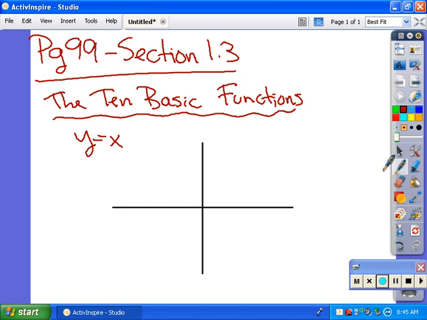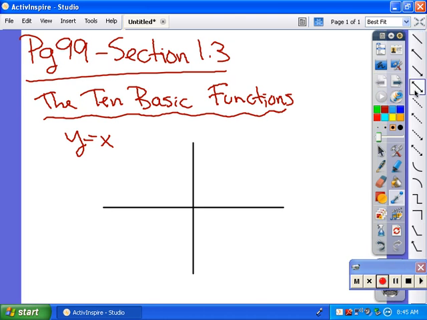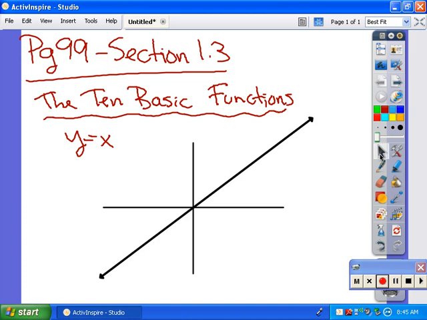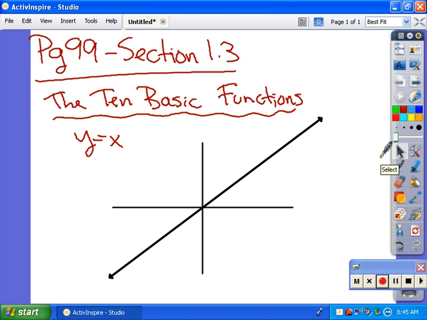It's a diagonal 45-degree angle line that goes straight both directions. What I mean by that being the basic function is that all of the other linear functions that you've ever studied or worked with in your whole life are all based on this.